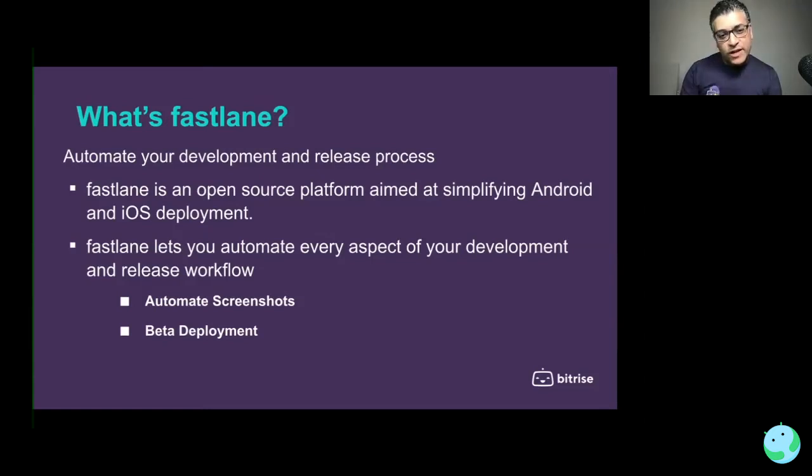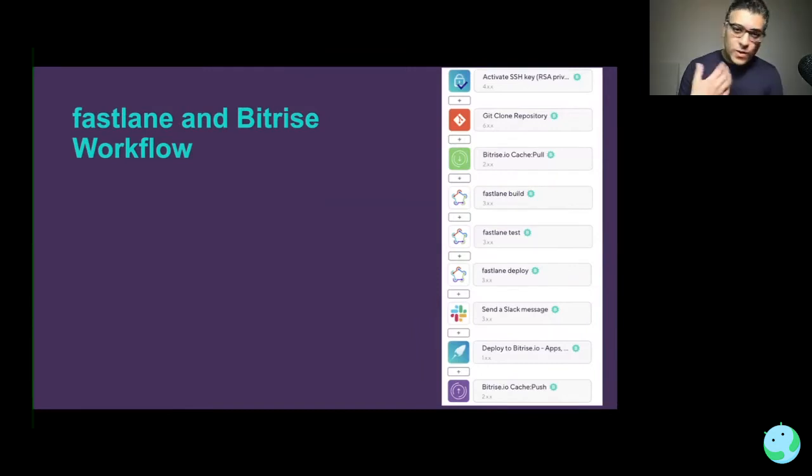So you can automate screenshots, beta deployment, App Store deployment, and code signing. It's a very interesting tool, and you can use it. And with Bitrise, we already have steps for building and running Fastlane. So here, for example, this is a different workflow. We can have a step for Fastlane build, Fastlane test, Fastlane deploy, each step including different lanes, and then after that sending a Slack message.